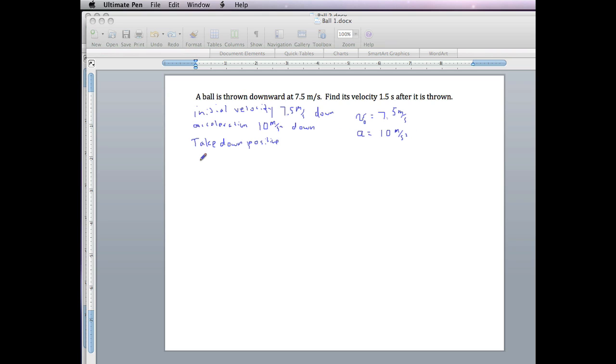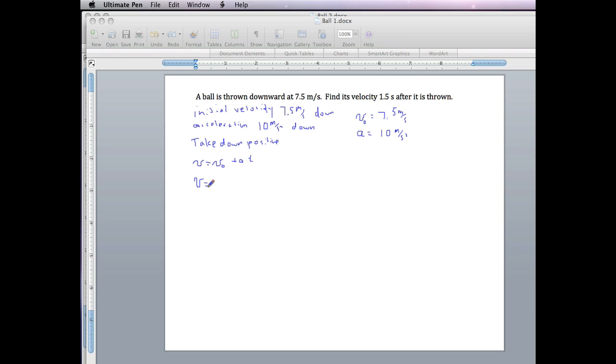The equation that relates initial velocity, final velocity, acceleration, and time is V equals V0 plus AT. Now we can plug in our values.